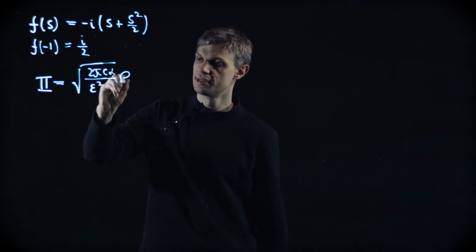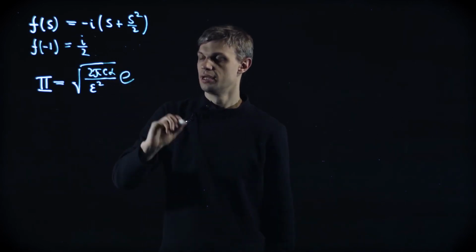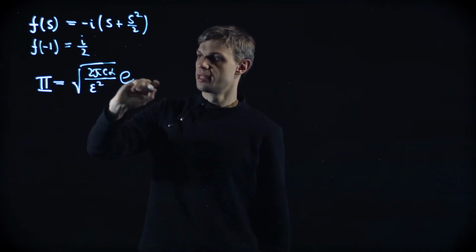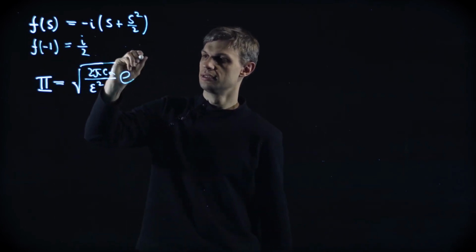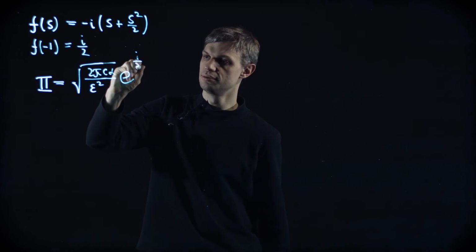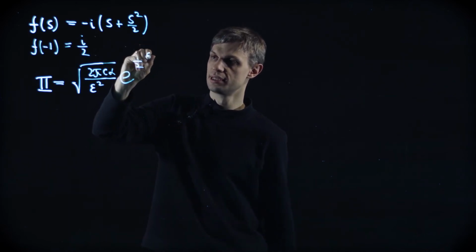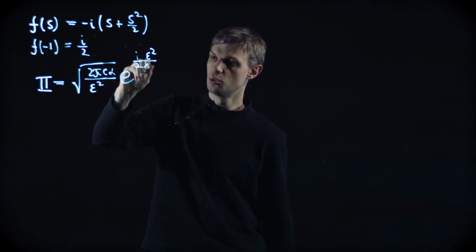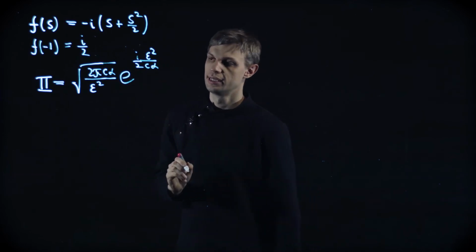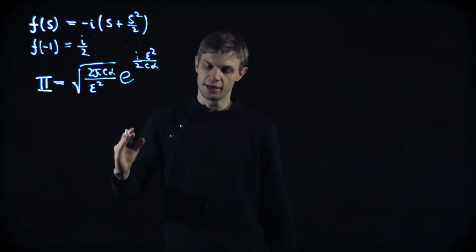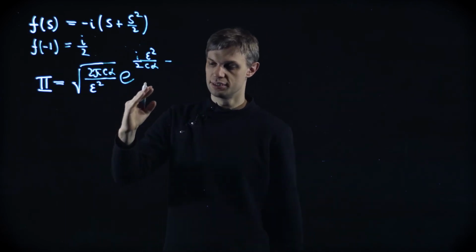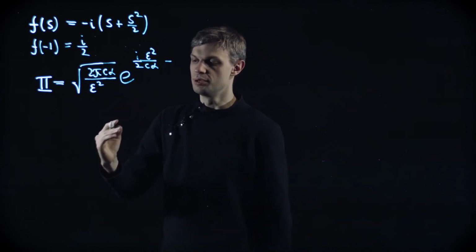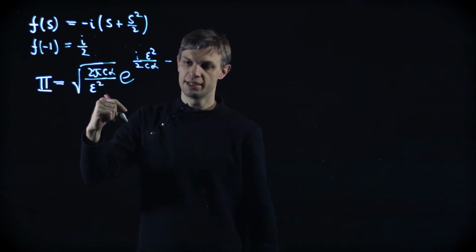And here is the main exponential, which is lambda times f of -1. So it's i by 2 epsilon squared over C alpha. And we have to add this saddle point steepest descent direction, which was now minus pi by 4.